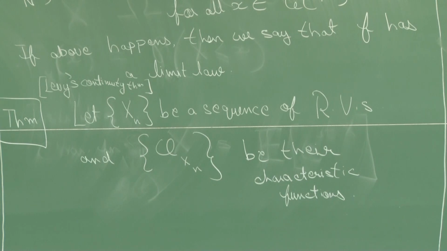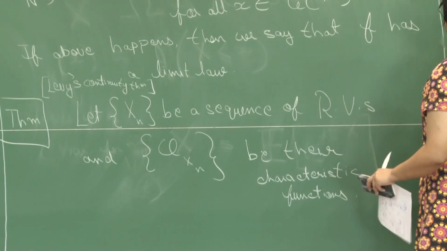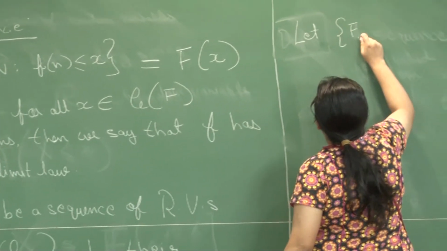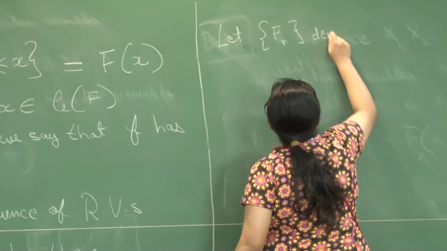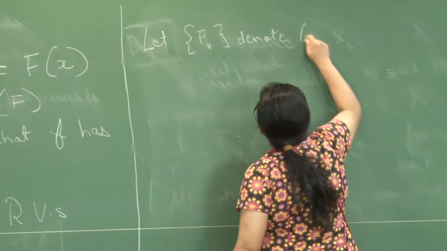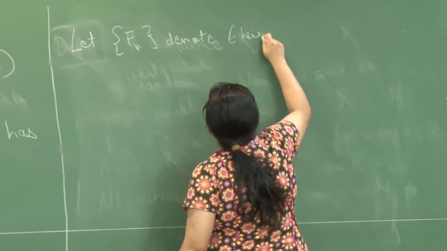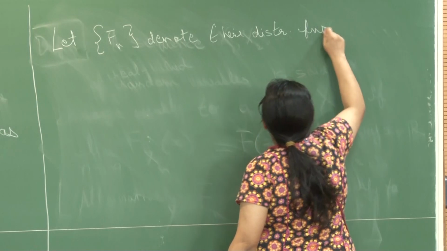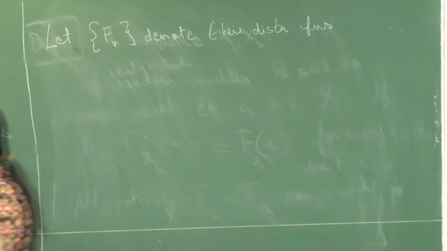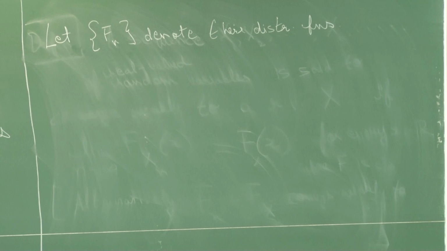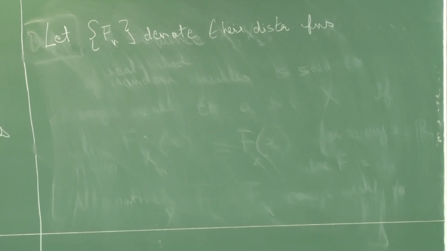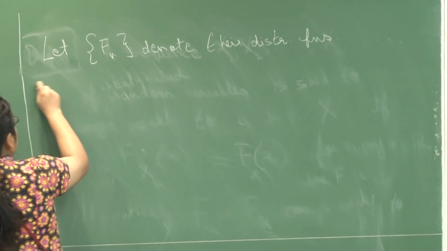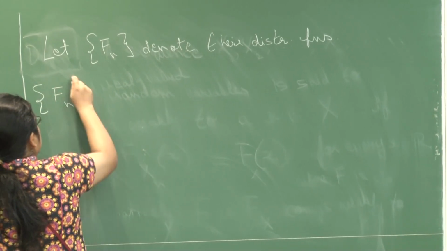So suppose you have this. So let f sub n denote their distribution functions. Then our distribution functions corresponding to these random variables f sub n, okay.